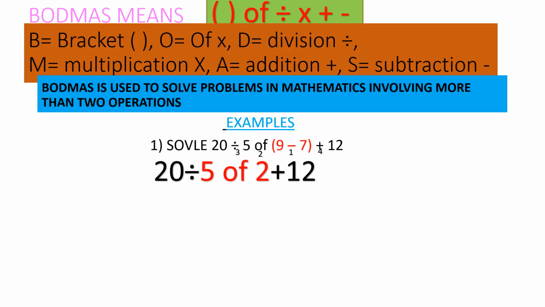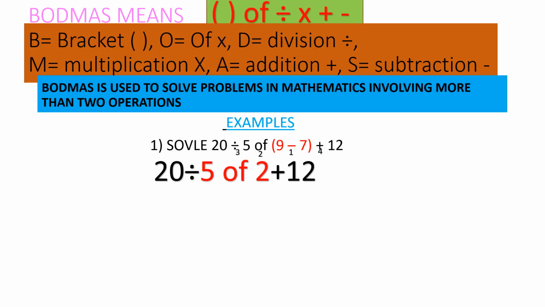Now that I have 2, I have to bring down all the other numbers. So I have 20 divided by 5 of, and then the bracket, which was 9 take away 7. 9 take away 7 is 2, so that is where this 2 comes from, plus the 12 that we have there.